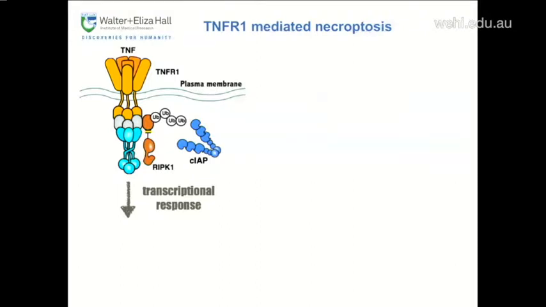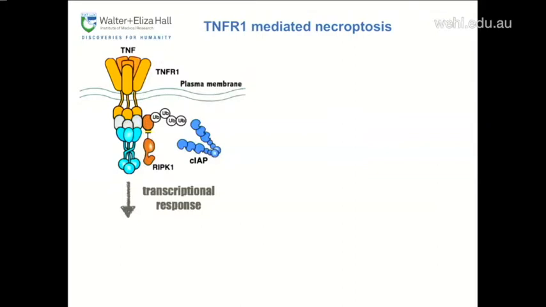TNF is an inflammatory cytokine, and when it binds to the TNF receptor in normal circumstances, it initiates a chain of events that involves the phosphorylation of receptor-interacting protein kinase 1 by cellular inhibitor of apoptosis proteins. This leads to a transcriptional response within the cell through NF-kappa B that's both pro-survival and pro-inflammatory.